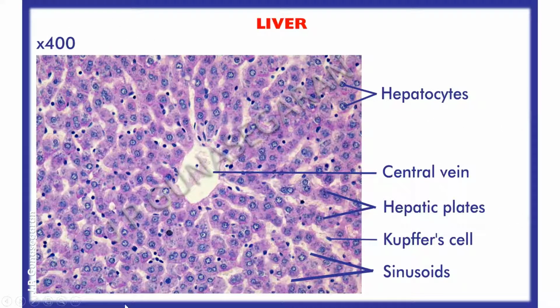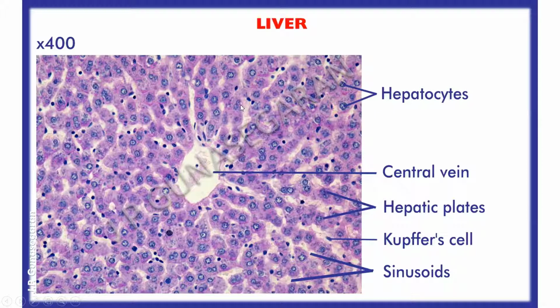This is a higher magnification of liver lobule with central vein and radiating hepatocytes. The hepatocytes are polyhedral cells with 1 or 2 nuclei. As the cells are metabolically very active, the organelles are well developed, reflecting the multiple functions of hepatocytes.